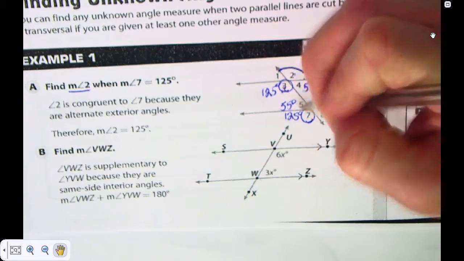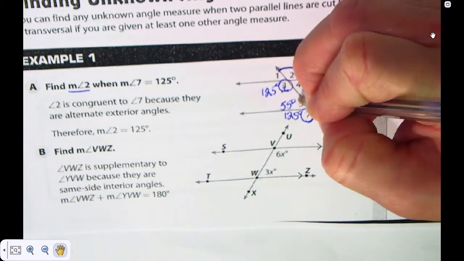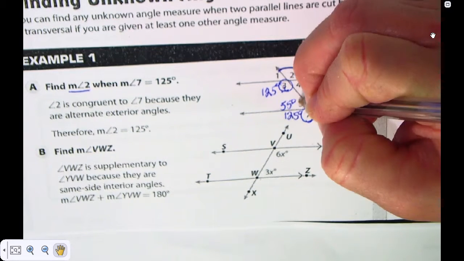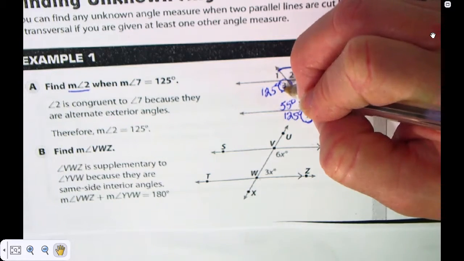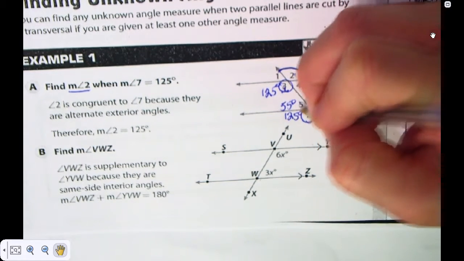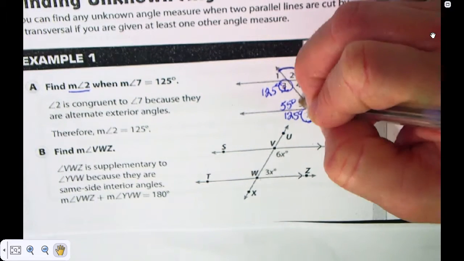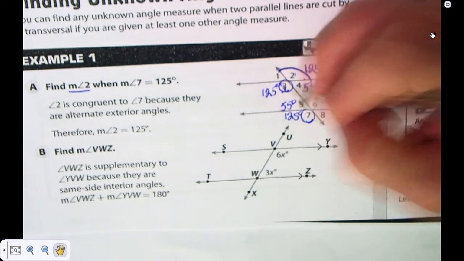And these 3 and 5 have to be 180 because they're, everybody say it. No, they're not alternate. Same side interior angles are supplementary. Tell me the other reason.